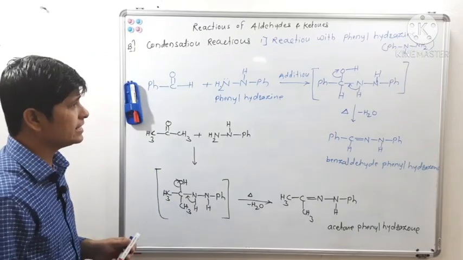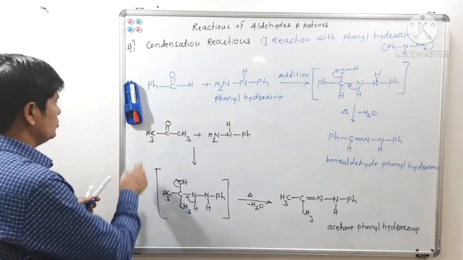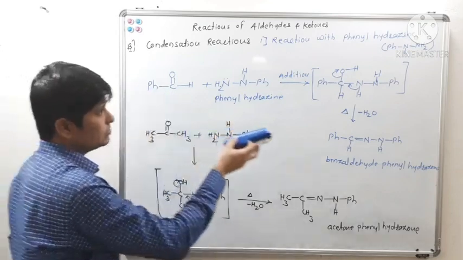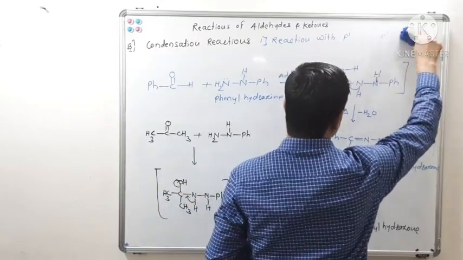Now let us see the second example, the second type of reaction, reaction with 2,4-DNP. Now what is 2,4-DNP?